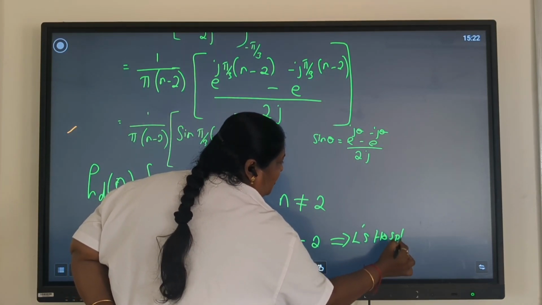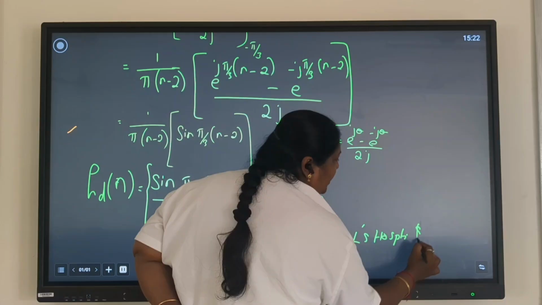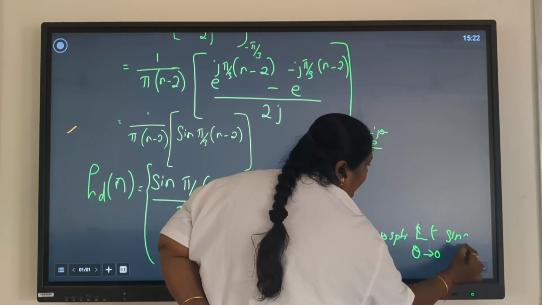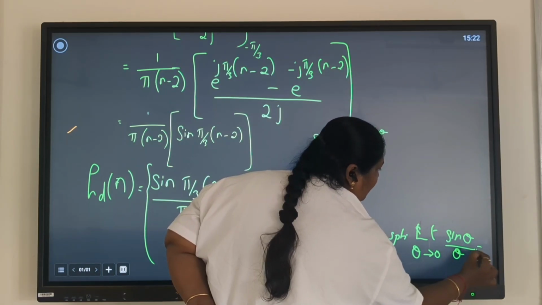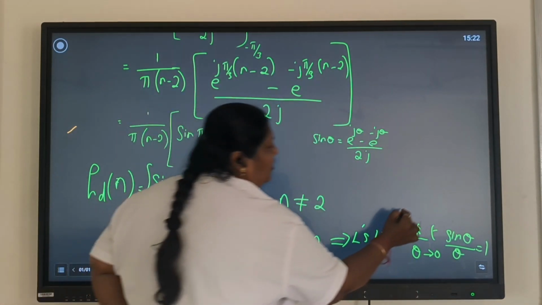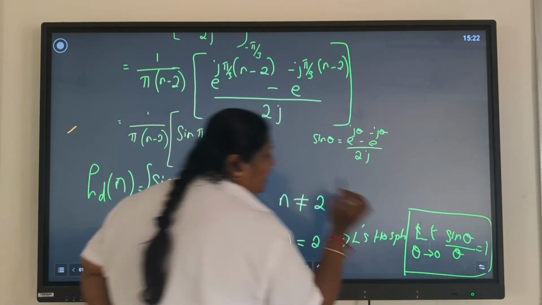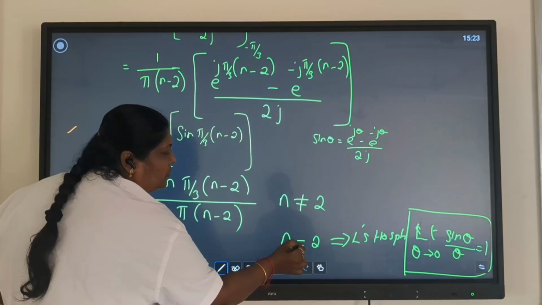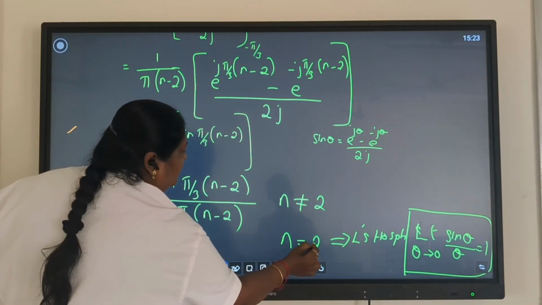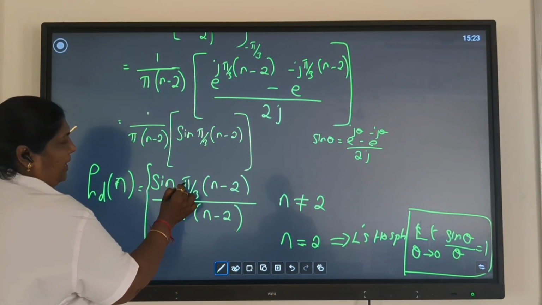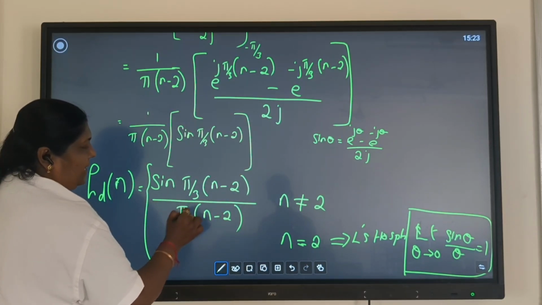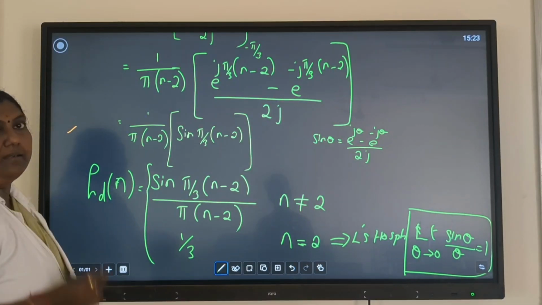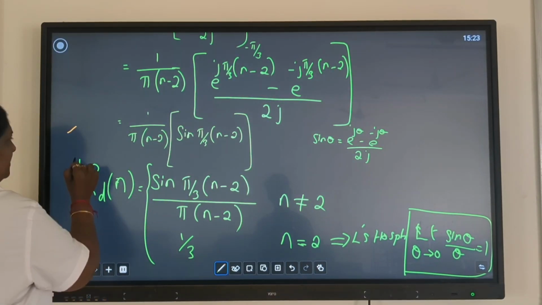When limit theta tends to 0, sine theta by theta is equal to 1. This is the formula. Using this, I get the value for n equal to 2: sine of pi by 3 into n minus 2 divided by pi into n minus 2, so I can write only 1 by 3. So this is my first step answer.